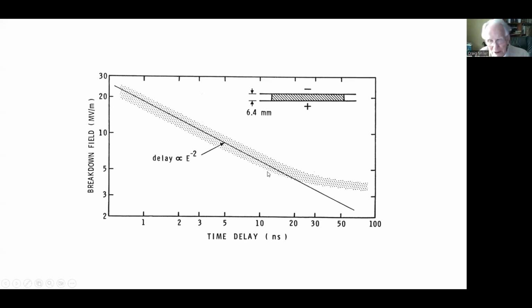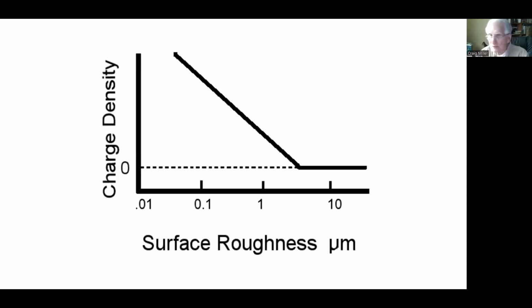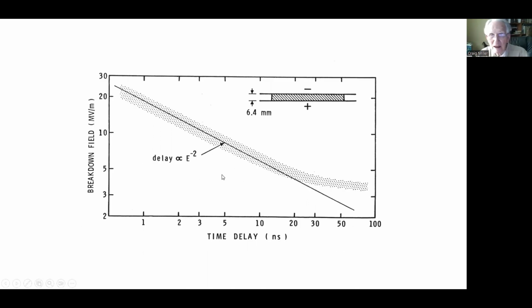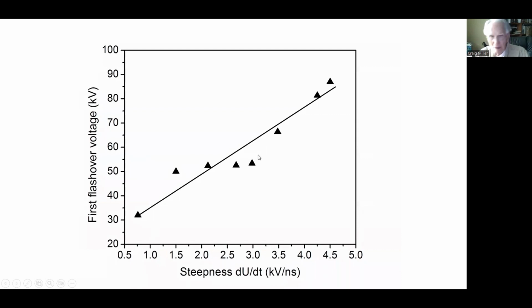And similarly, if you have RF microwave breakdown, the flashover voltage is proportional to the intensity. Increasing the intensity increases the time delay. Again, for pulse, it's proportional to the steepness.